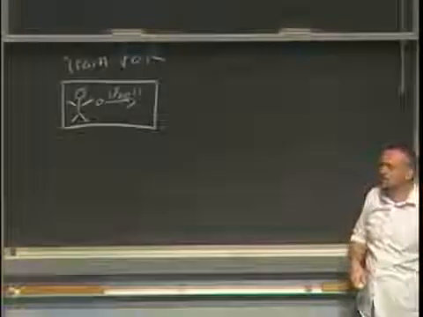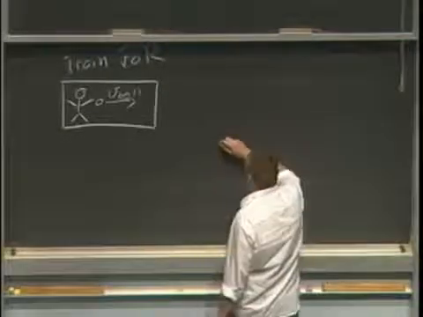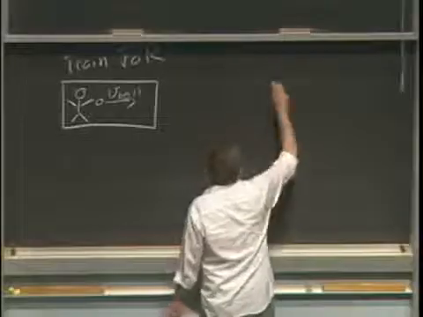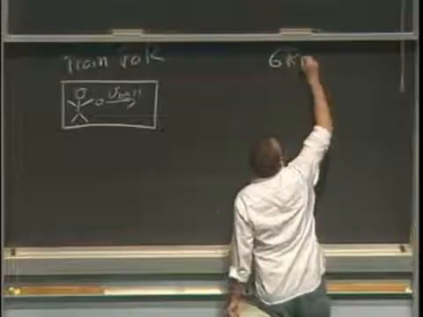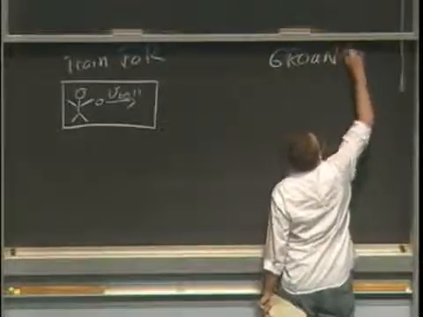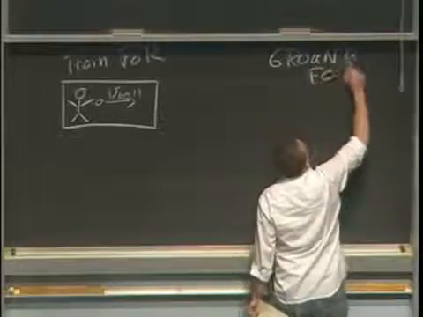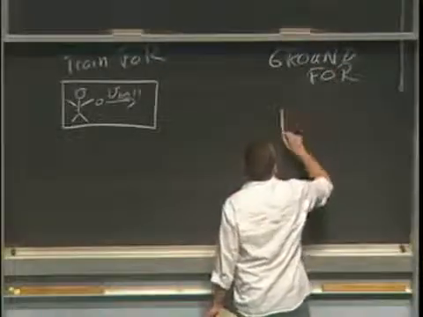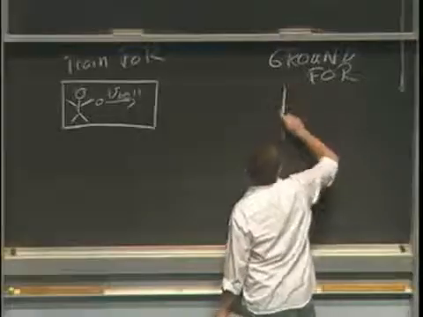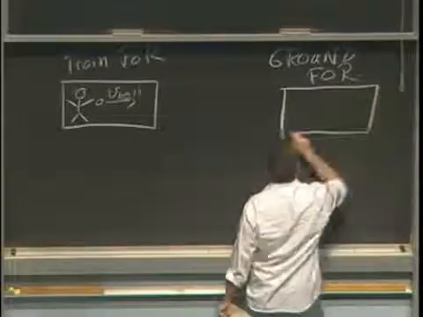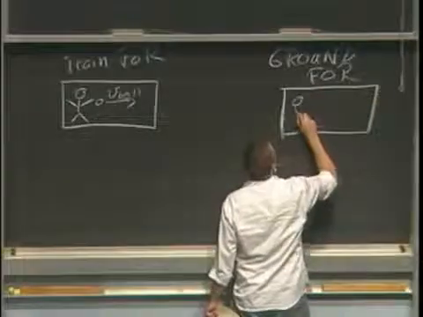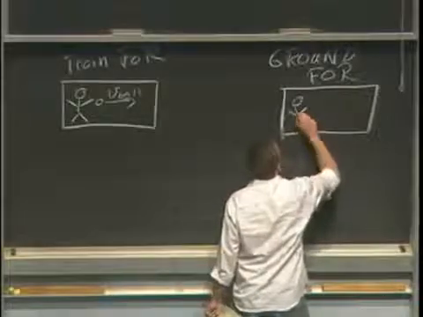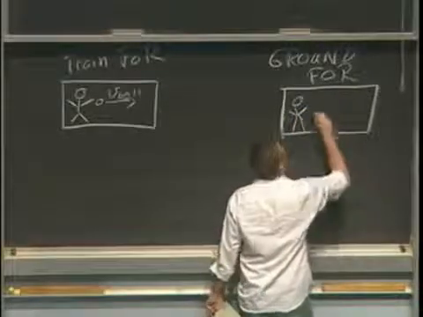Now, the assumption from classical relativity is let's look at a second frame of reference. Let's look at the ground frame of reference. Okay, so in this frame of reference, here is our passenger.